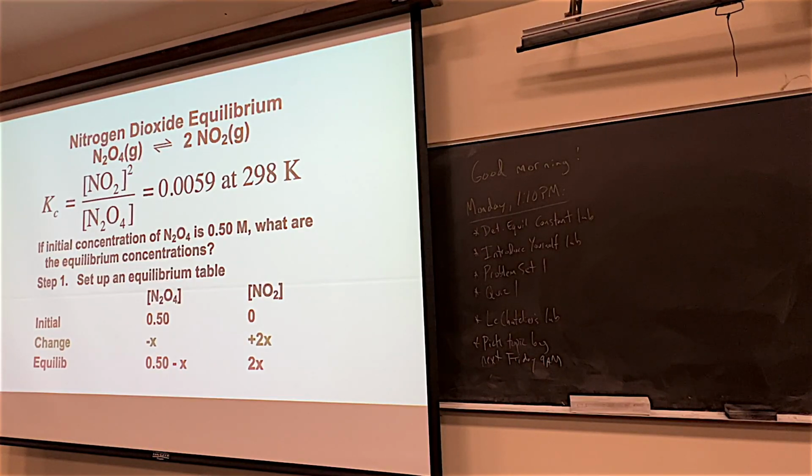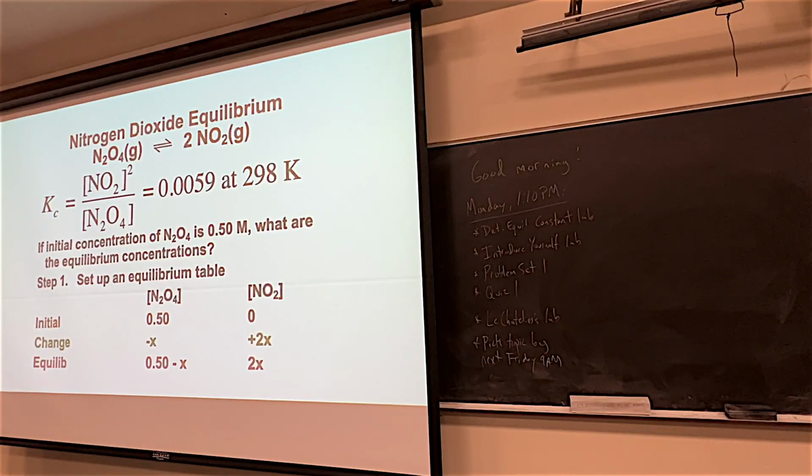And the other thing, of course, is that the 1 N2O4 to 2 NO2 is shown as 1X and 2X right there. So at equilibrium, you'll have 0.5 minus X for N2O4, and 2X for the NO2. These will be the parts that we'll throw into the Kc expression on the next slide.